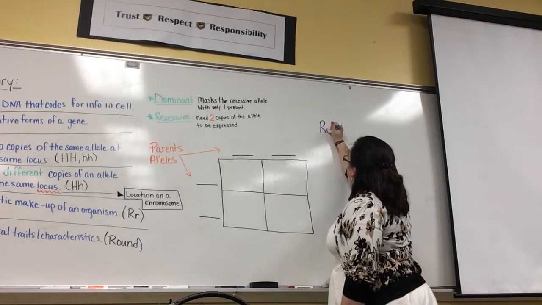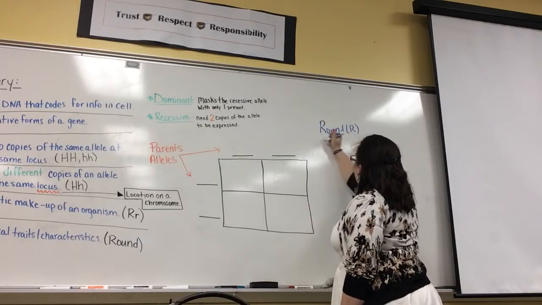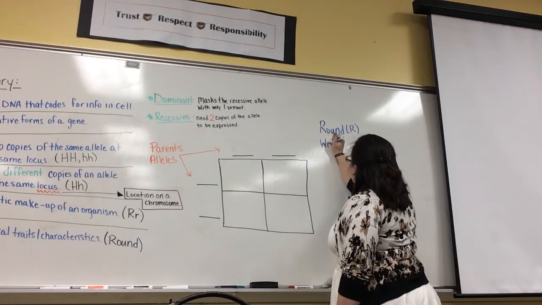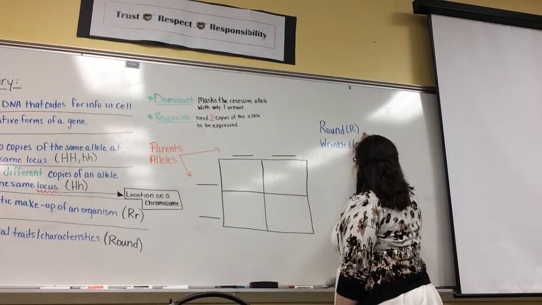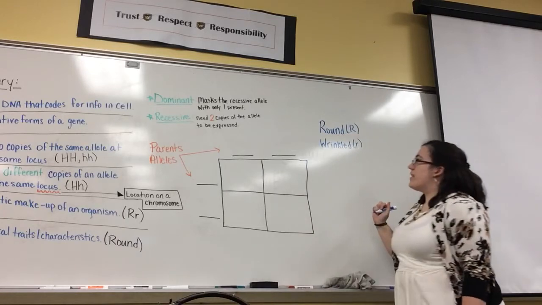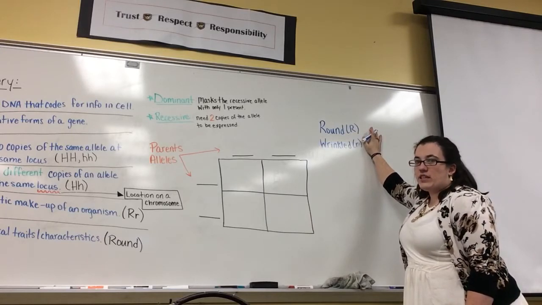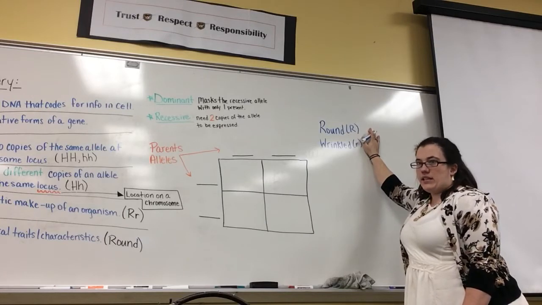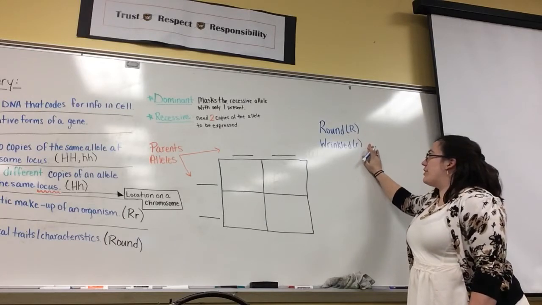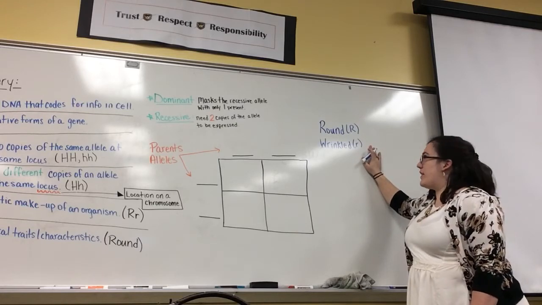So we will say round is big R and wrinkled is little r. Okay, so these would be the constraints of this, and you always want to make sure that you're accounting for what is dominant and what is recessive. Now sometimes we won't tell you what the letters are, so you're going to have to come up with those on your own, but most of the time we'll give them to you so you can figure that out.